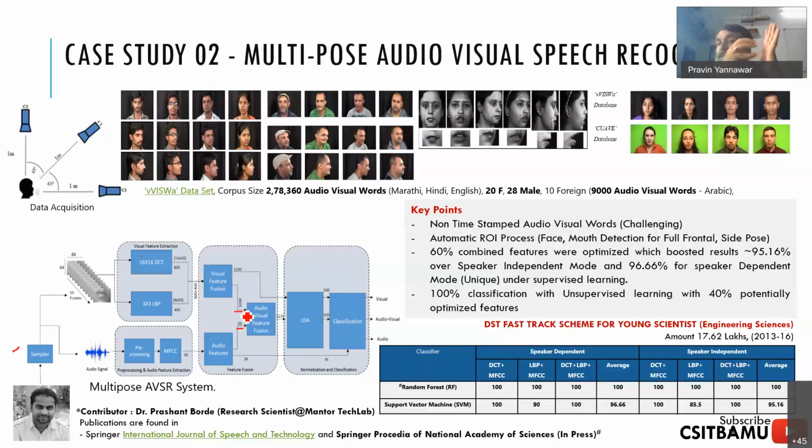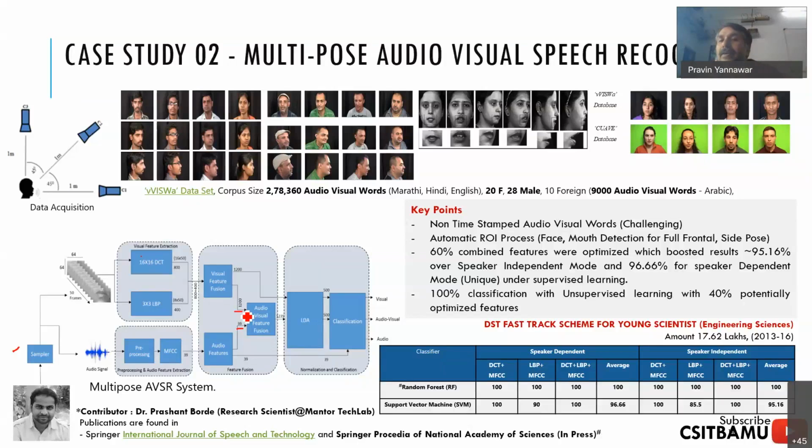The speaker used for testing purposes is not available in training. For example, in the case of Google Assistant, when you say Google, or in the case of Alexa, play this particular song, your voice is not in Alexa. Alexa is not trained on your voice.